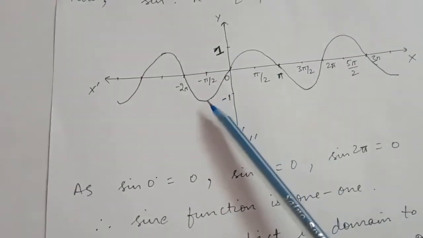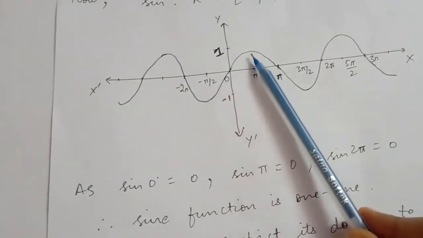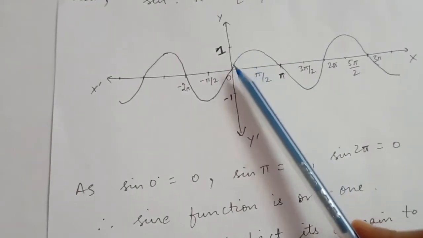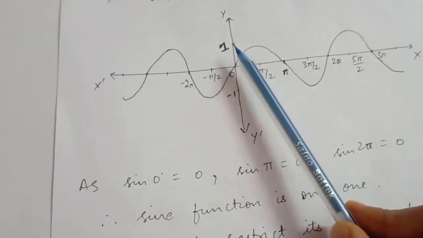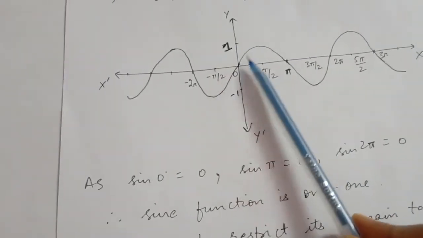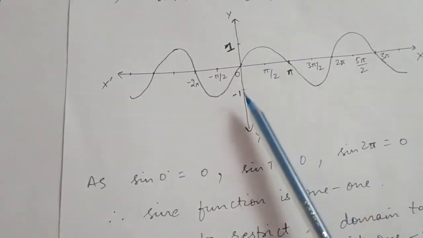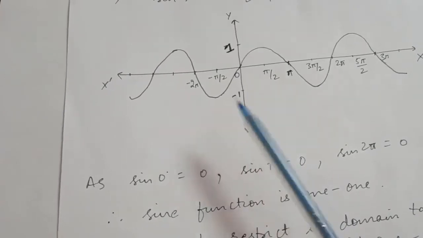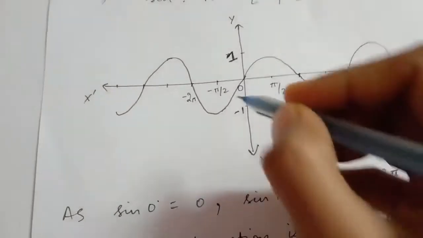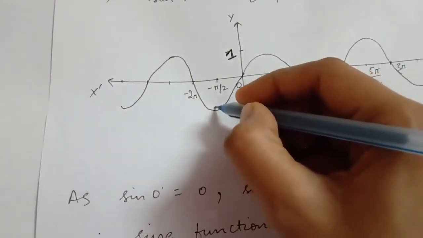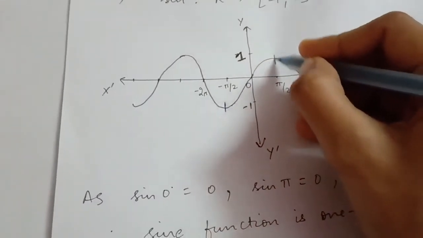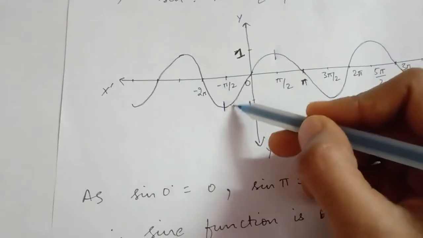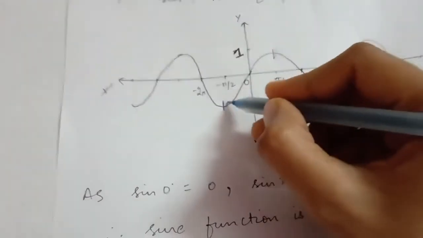So take that interval of the domain so that we get all the values from -1 to 1, and also no two different values of x will give us the same result, right? So suppose I select this part of the domain, from -π/2 to π/2, right?